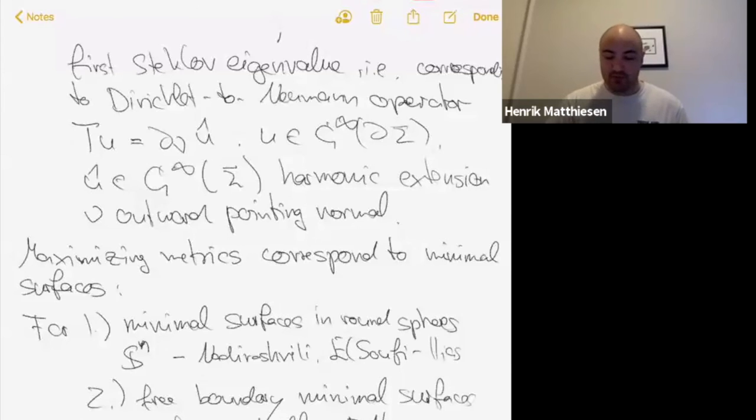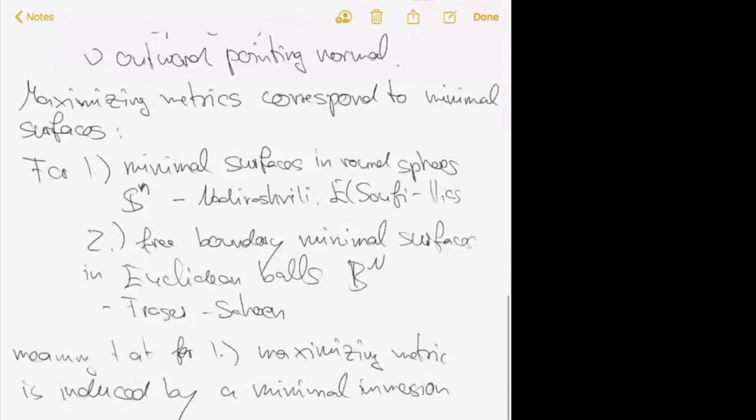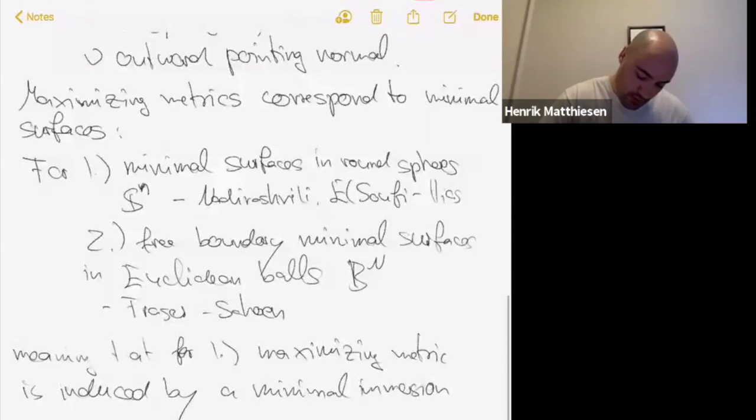This maximization problem, at least the first one, is kind of classical, and it starts with the famous Hersch bound, Hersch's work, which was in the 70s, which gives the case of the surface being the sphere.